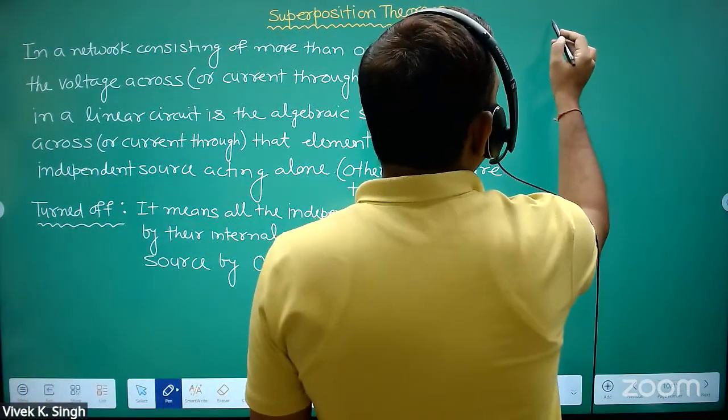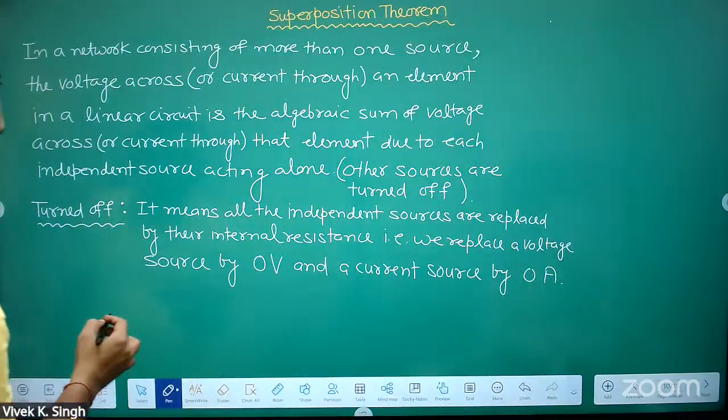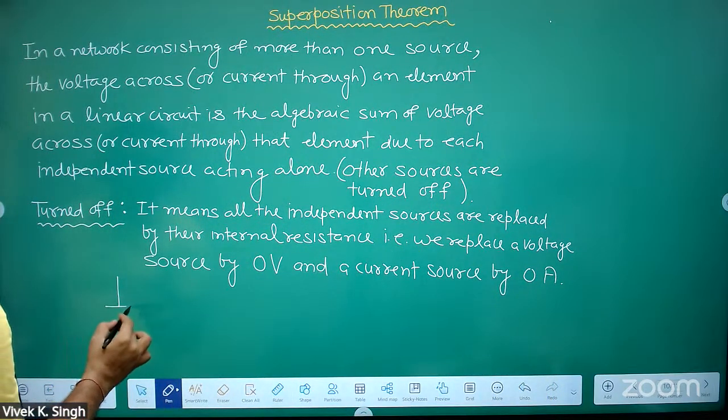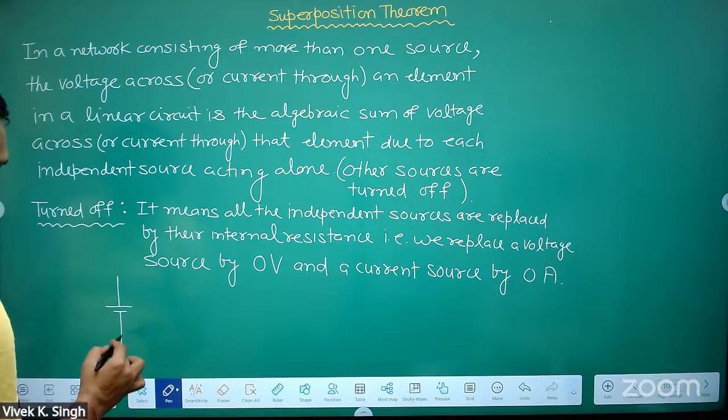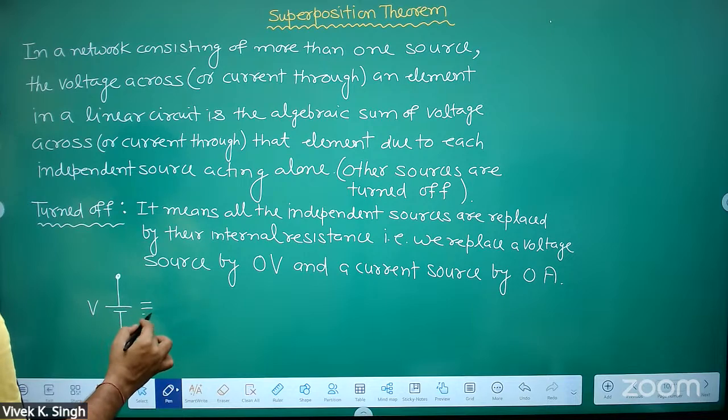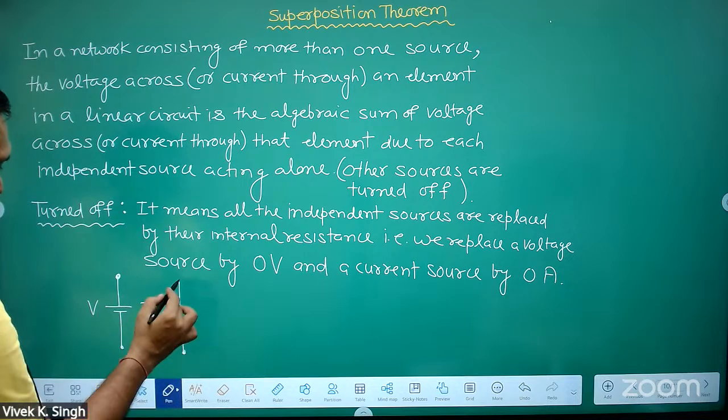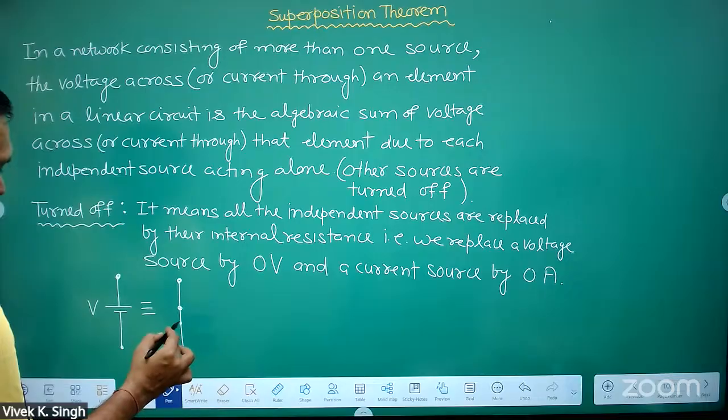So turned off means, when you want to turn off a voltage source, it will be replaced by a short circuit condition.